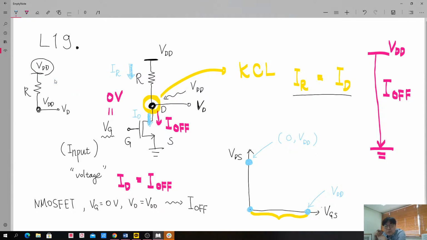So now let's move to slightly higher gate bias. We have 0, VDD. Now let's go to a slightly higher voltage. However, let's say that this gate voltage is still lower than our threshold voltage. Then what will happen to this guy?